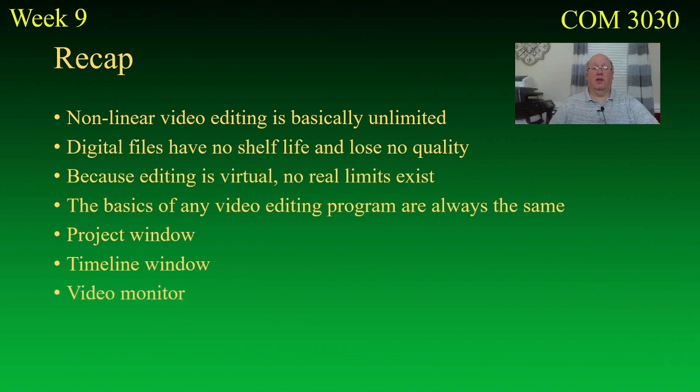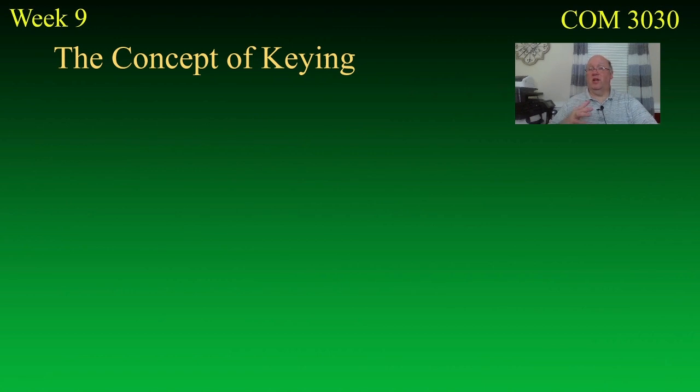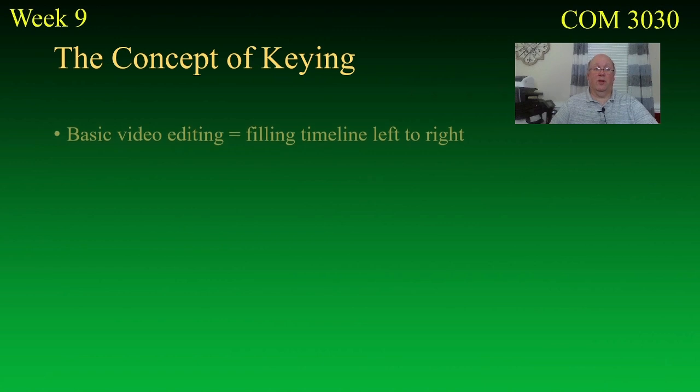And you have a video monitor where you can play back what you've done and see where it is in relation to the other shots. Hopefully you have those things. And then you have some means of controlling and adding effects. So all video editing programs have those components. If you can understand where they are and learn how to use them, it doesn't really matter what program you're using. Okay, so today we're going to talk about the concept of keying, which has to do with layering video.